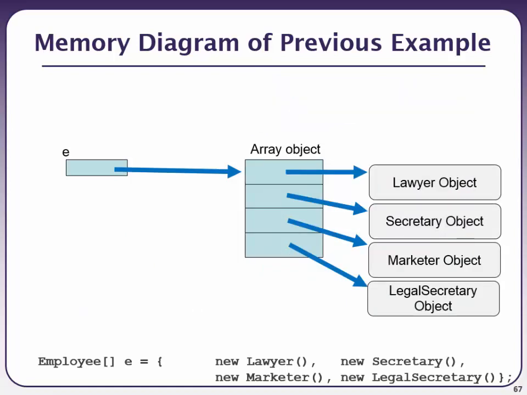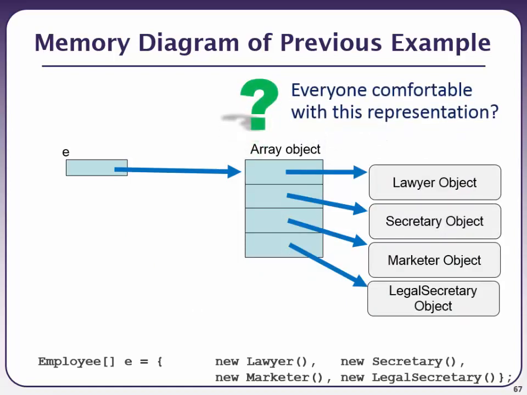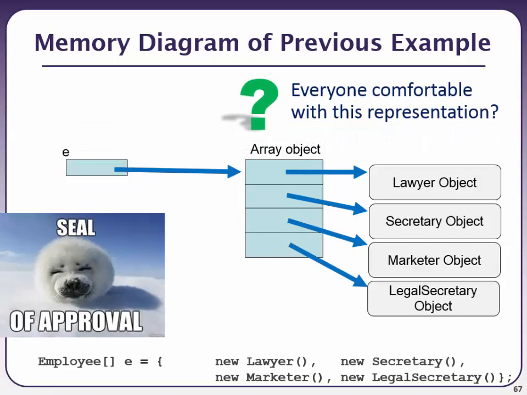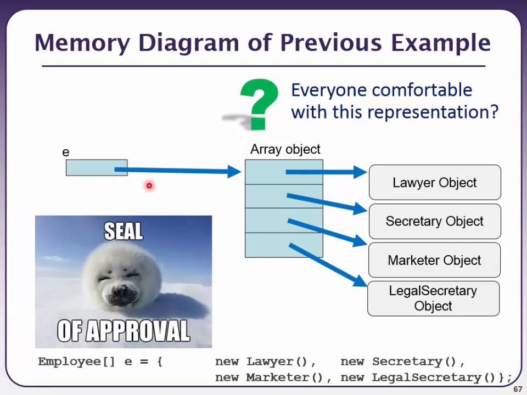Let's go to the third and last one. And yes, this one, everybody should be comfortable with it because it's actually the correct representation. So let's sum up. E is a reference variable, it contains a reference to an object of class array of employee. This is the object of class array of employee. That just means it's an array object that contains a bunch of references to employee objects, but the employee objects are outside.